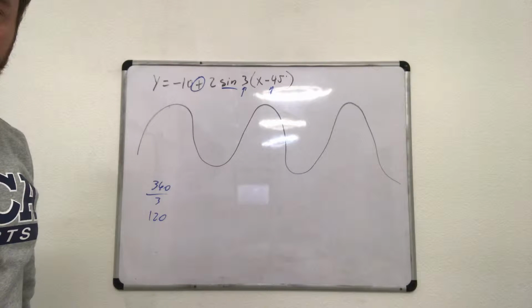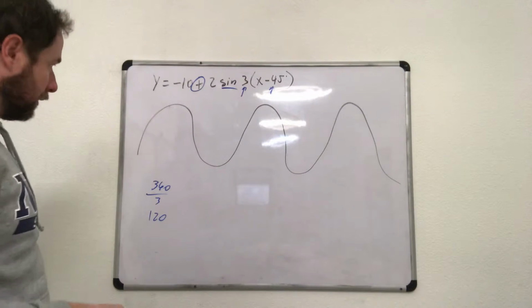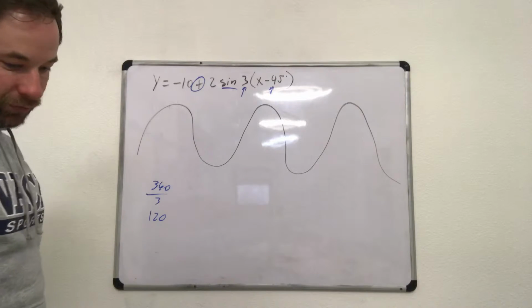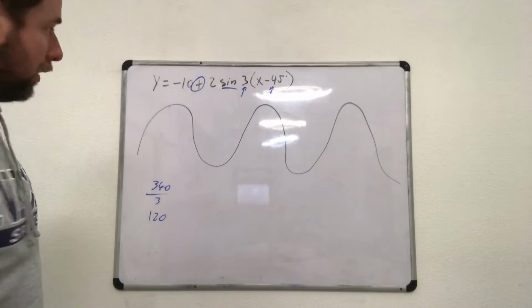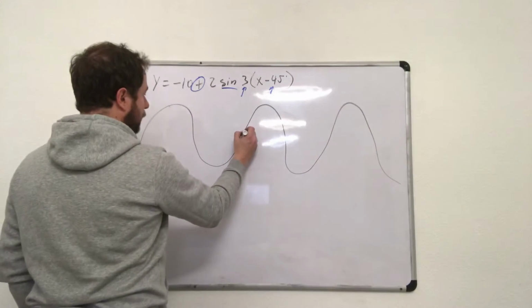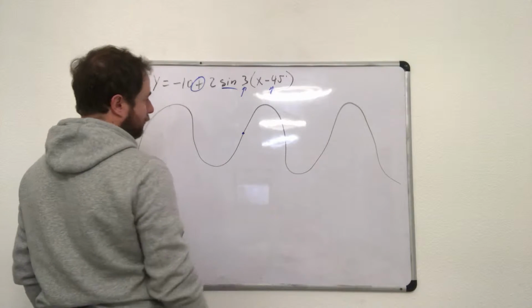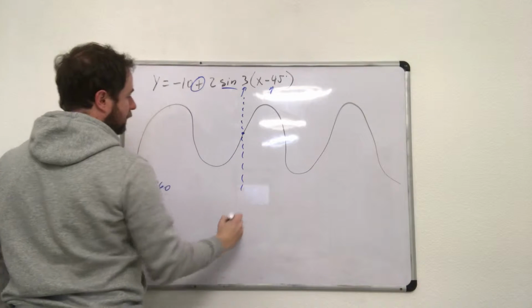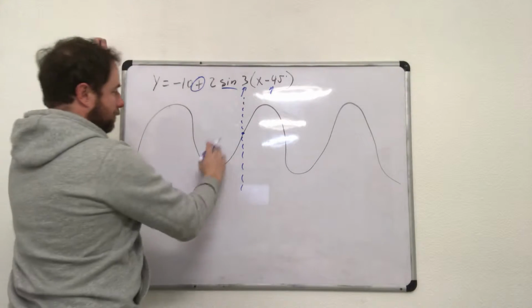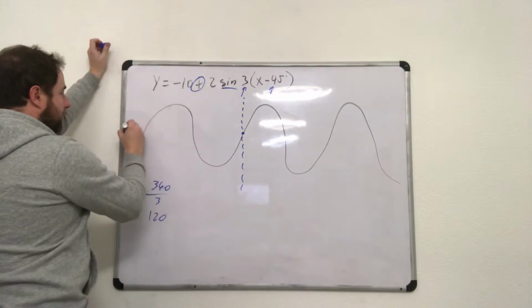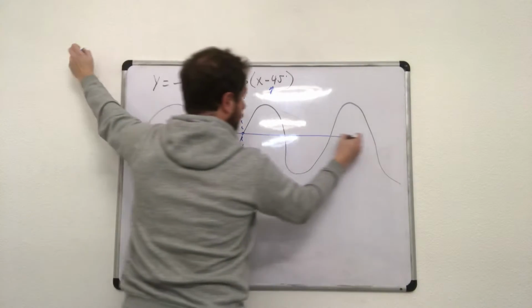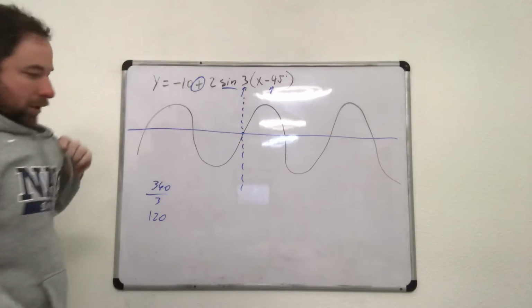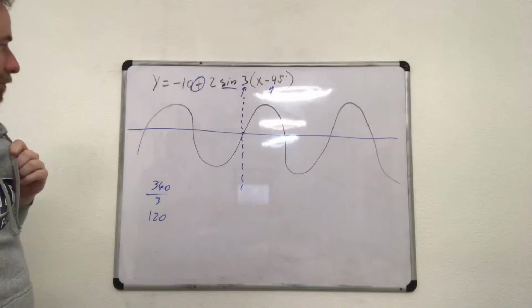So what's that going to look like? Well, let's start with 0 degrees. 0 degrees would be right here. We'll back it up 45 in a minute. This is the way I like to do it. Pretend that it's a perfect sine function, just like this, where it goes right through the middle.